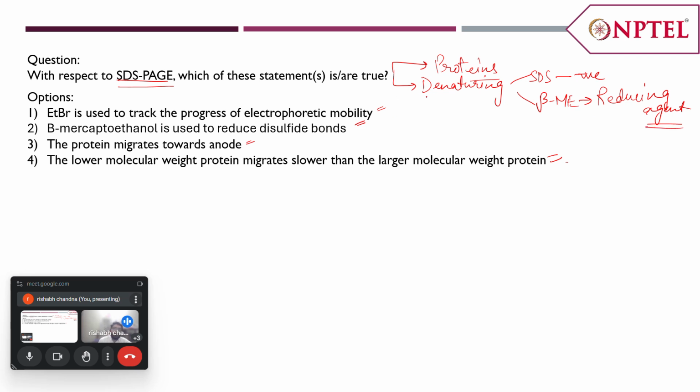Now we add bromophenol blue simultaneously, that is a tracking dye. For visualization, we generally add Coomassie brilliant blue or we do the silver staining.